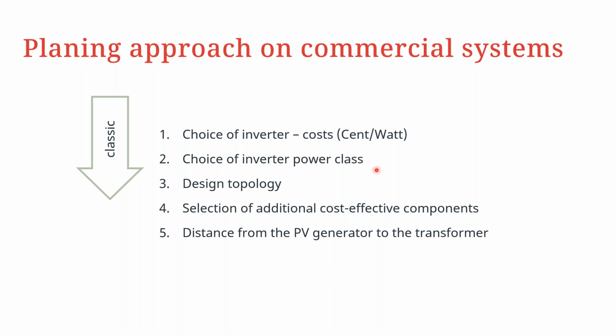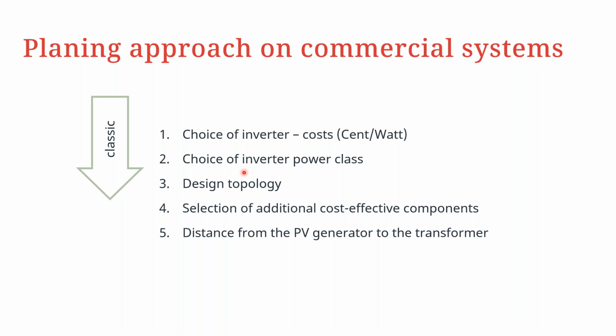So when planning for commercial systems and how you then choose your inverter, there are two methodologies. The classic methodology would be to look at the cost of the inverter as your first consideration. What is the cost per kilowatt of this inverter, or per watt? And then in terms of the power class, which inverter power class do you want to use? Which design topology are you going to use?